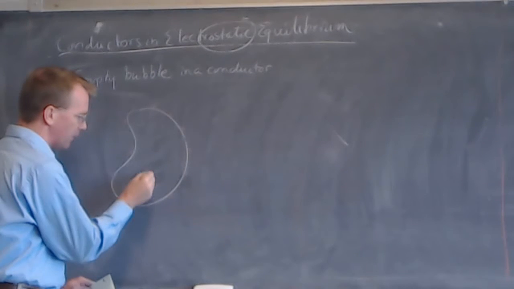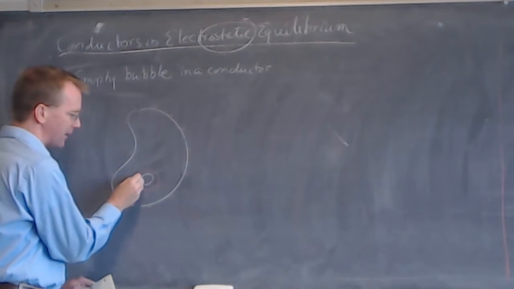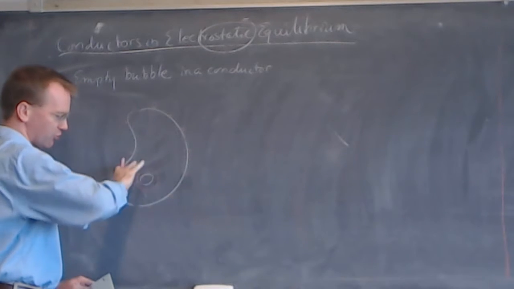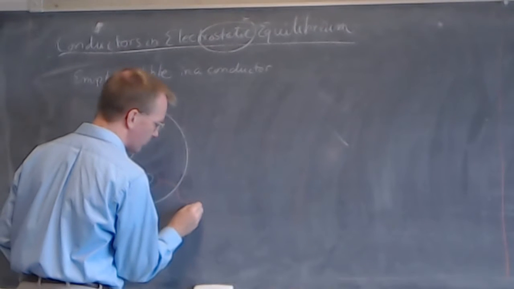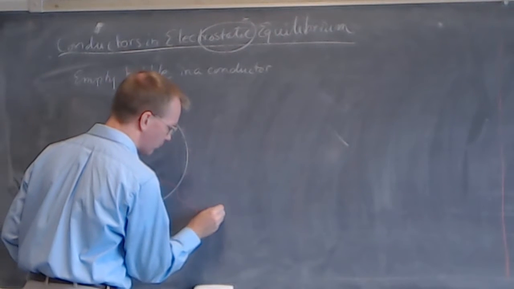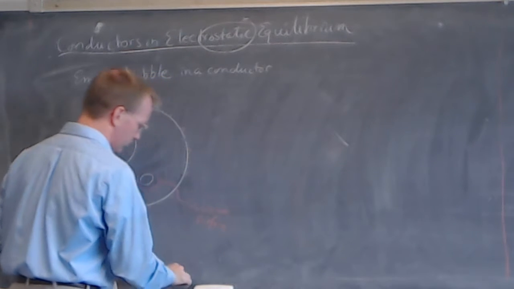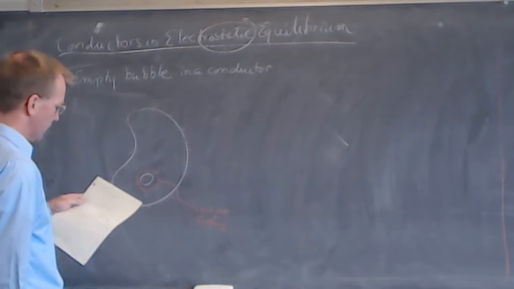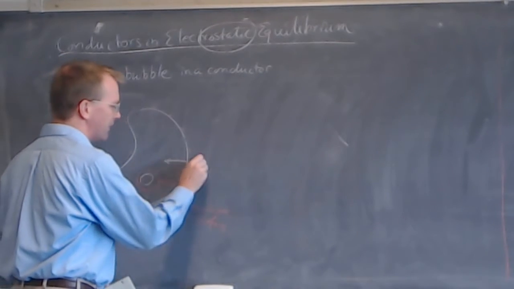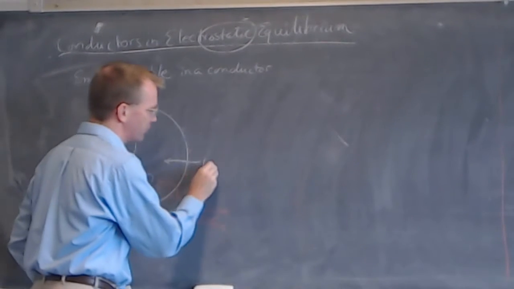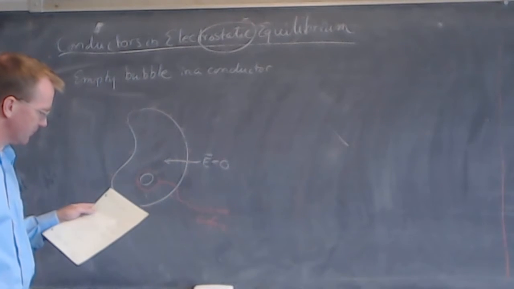And to see why, let's say that we enclose the bubble inside a Gaussian surface, shading it to show you that that's three-dimensional. Now, we know that inside the material of the conductor, the electric field is zero everywhere.